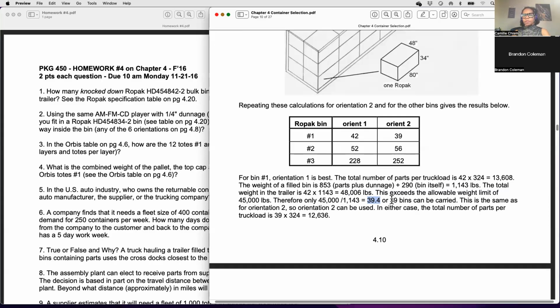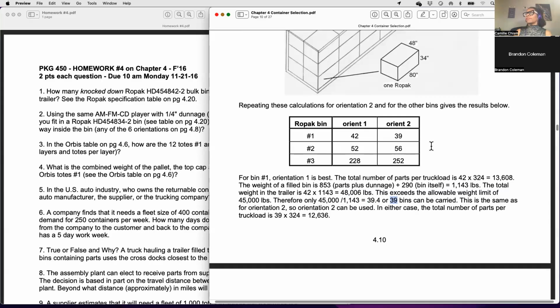So let's look at this here. Let's just say 39 bins. We can do what they did up here, times the 1,143, because that's the weight of each bin.